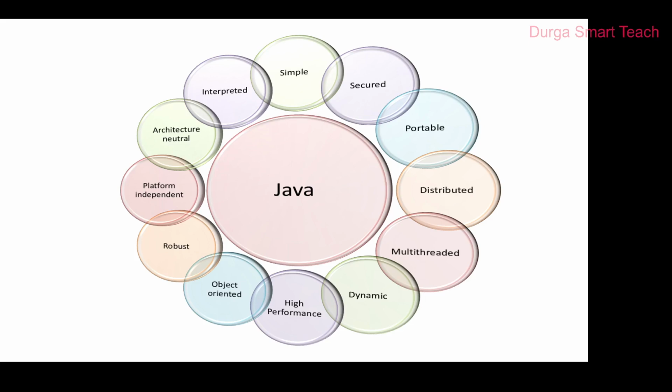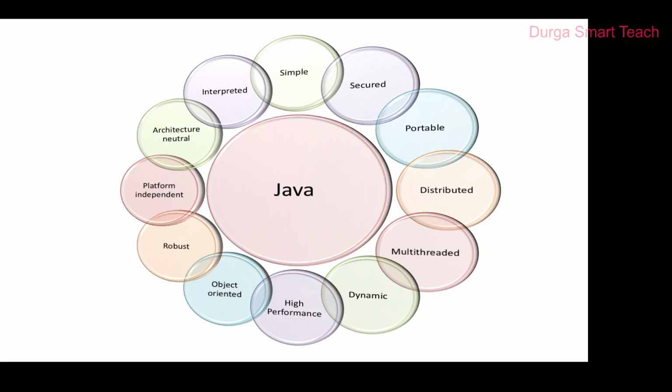And Java is a dynamic programming language. It means it supports the dynamic loading of classes, that is, classes are loaded on demand. It also supports functions from its native language, C and C++. Whatever functions are in C and C++, those are also supported in Java.